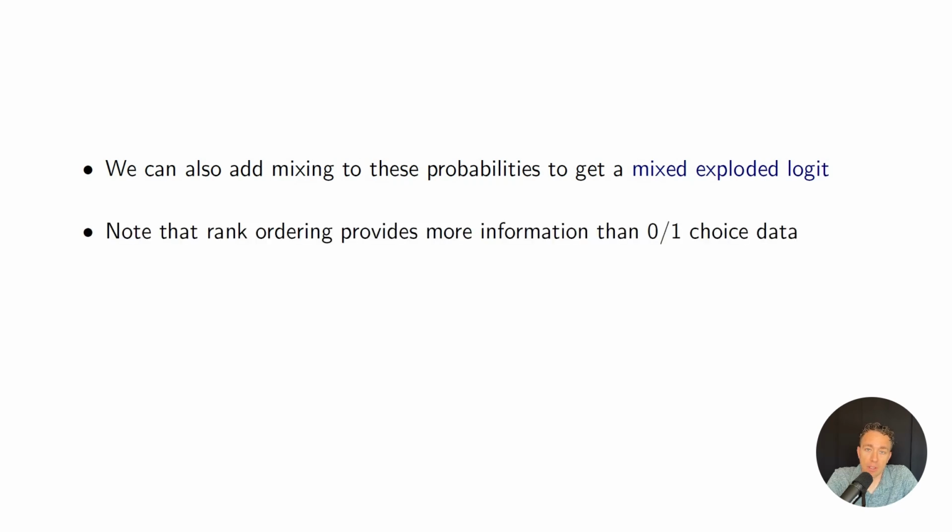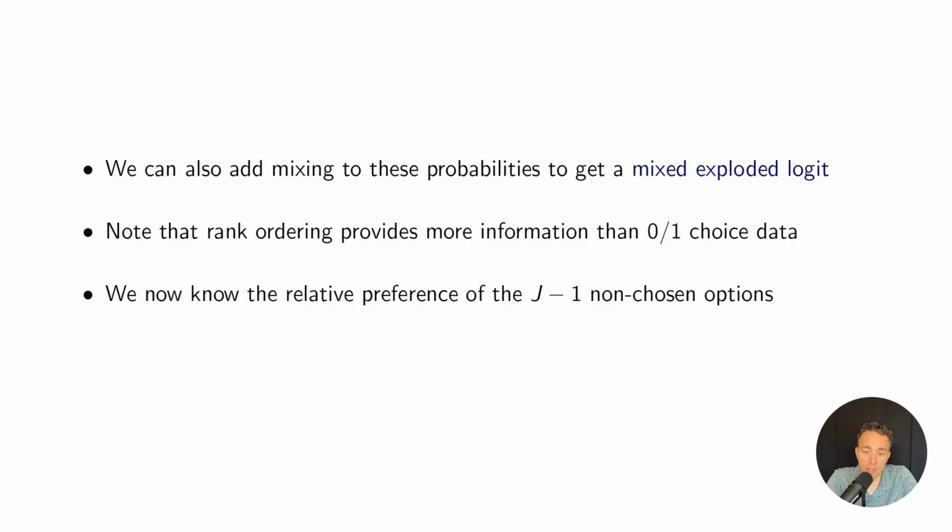And I just want to make a note that this provides more information on preferences than just a 0-1 option. We actually know what the relative preferences are for all of the J minus 1 non-chosen options, which provides more information about how the decision maker values the different attributes of the choice scenario that we've provided.